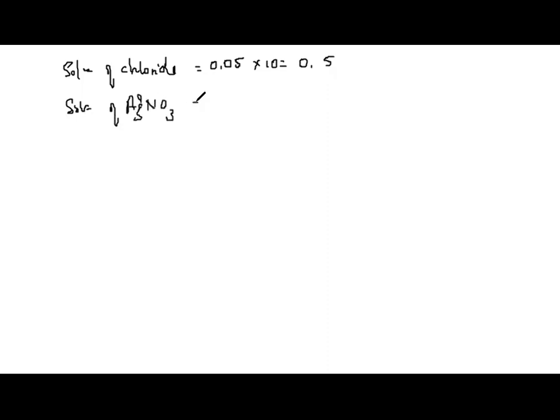So solution of chloride, we don't know what type of chloride it is. Solution of chloride, what they have said, 0.05 molar into how much? 10 ml. So it is 0.5, correct? Similarly, solution of AgNO3, how much they have given? 0.1 into 10 ml. So it is 1.